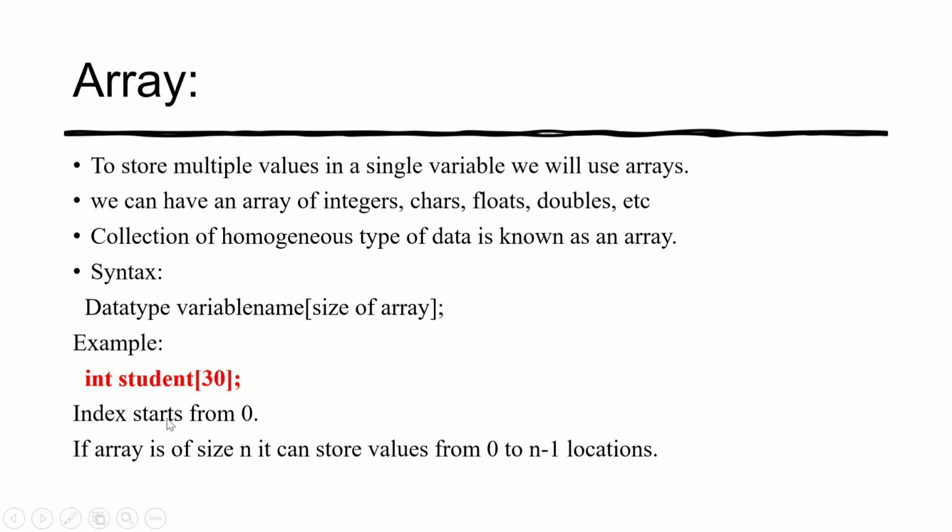Array index generally starts from 0 and ends at n minus 1. For example, here it will start with student[0], student[1], student[2], and so on up till student[29]. Student[30] memory location will not exist. We'll see clearly about arrays in the arrays video.